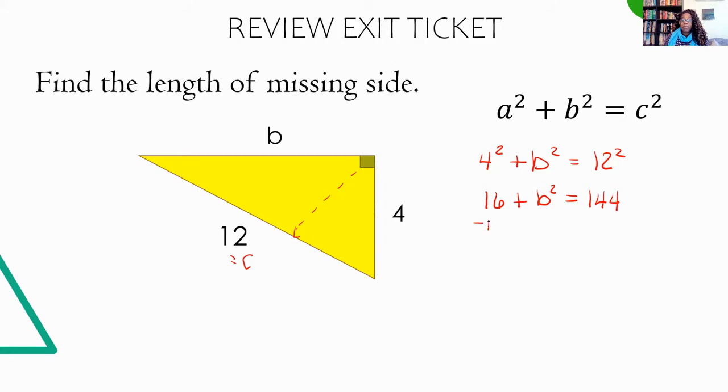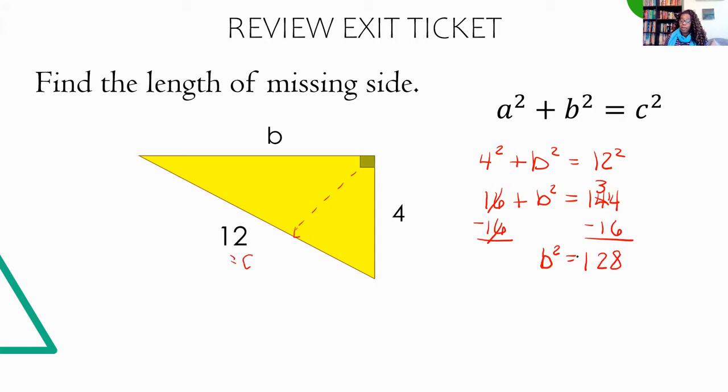So now I'm going to subtract 16 on both sides because we're trying to isolate that b. So right now, the b is squared. So now when we do our subtraction, we're going to borrow, just kind of get used to that. So we got 128.